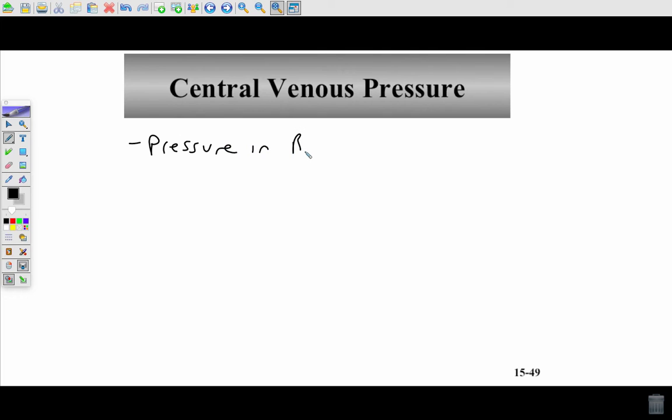Central venous pressure is the pressure in the right atrium. If we have a weakly beating heart, so our heart is not beating very strongly, central venous pressure goes up.